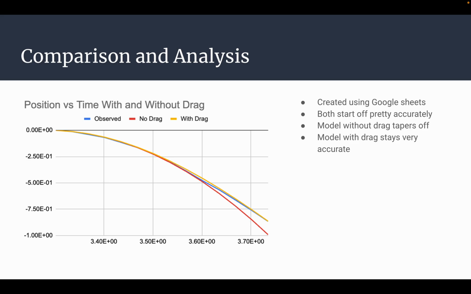As you can see, both simulations started off pretty close to the observed acceleration, but the model without drag eventually tapers off, whereas the model with drag stays very accurate to the curve, which shows that there is definitely drag at play in the real-world experiment.